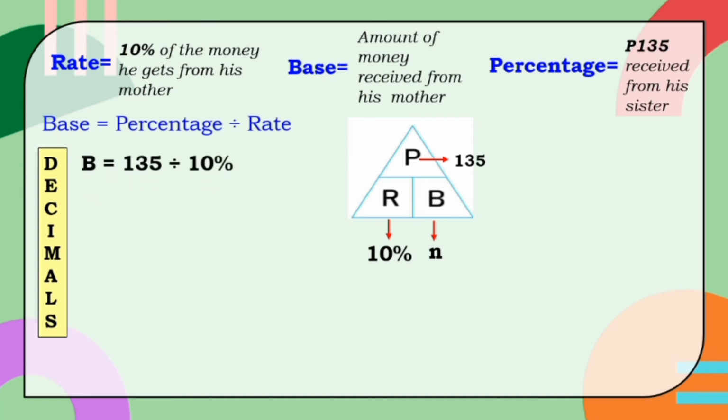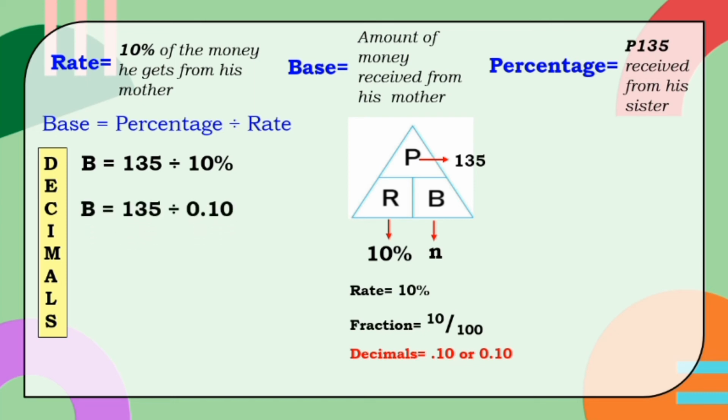Let B be the base. So B equals 135 divided by 10%. I-convert natin ang 10% sa decimals. We have 0.10. Pwede rin ang 0.1. B equals 135 divided by 0.10.